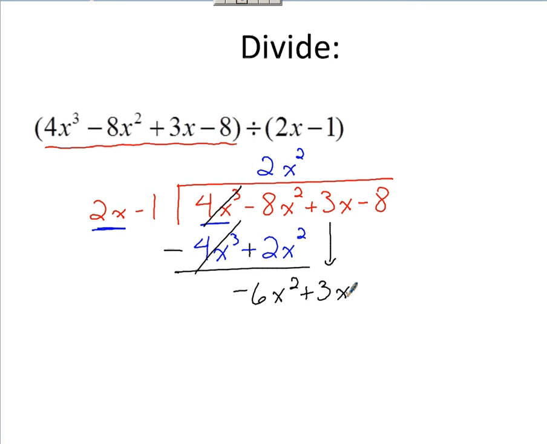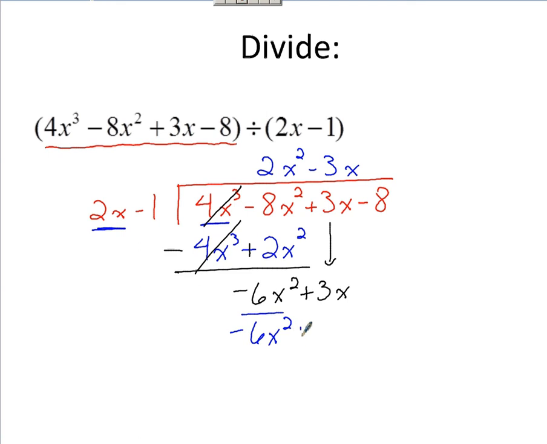Start the process over again. Lead term now is negative 6x squared. Divide that by the 2x, lead term out there. So negative 6 divided by 2, we get negative 3. x squared divided by x, x. So negative 3x is what we're going to distribute to 2x minus 1 here. When we distribute that through, we get negative 6x squared.